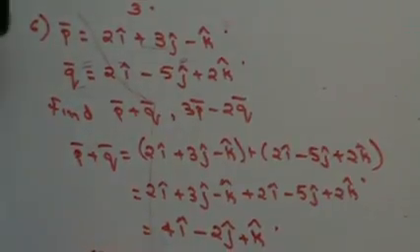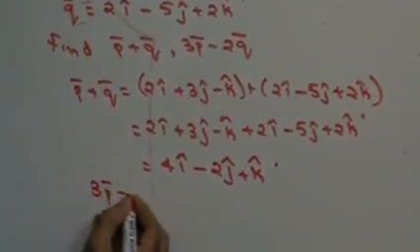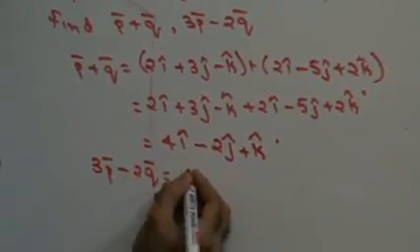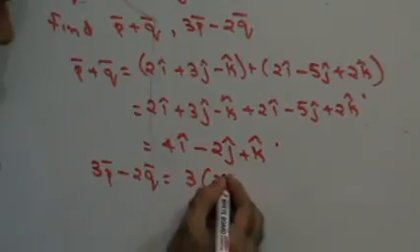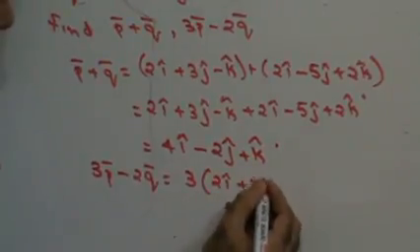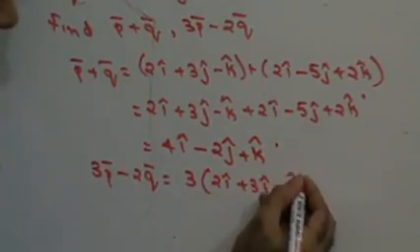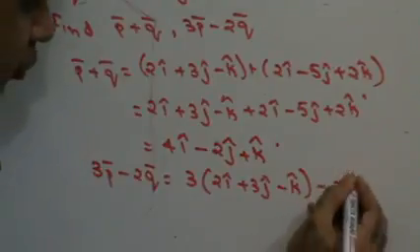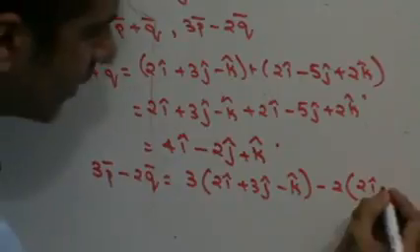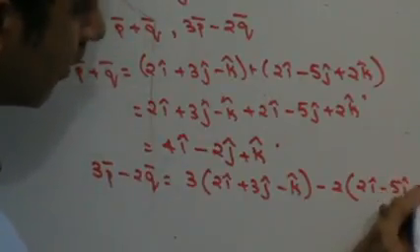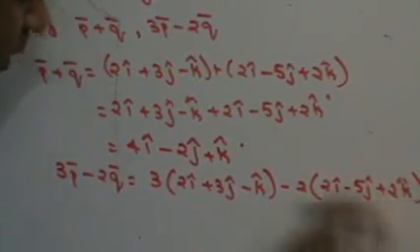Next they have asked you to find 3P vector minus 2Q vector. So 3 into P vector is 2i plus 3j minus k, minus 2Q. Q is 2i minus 5j plus 2k.